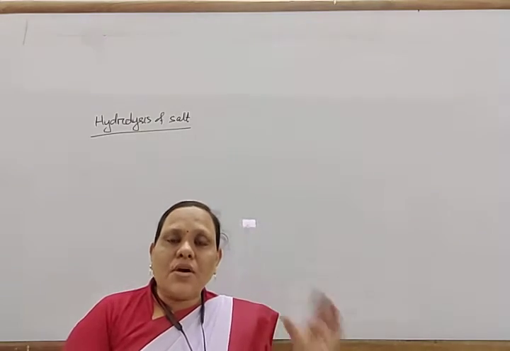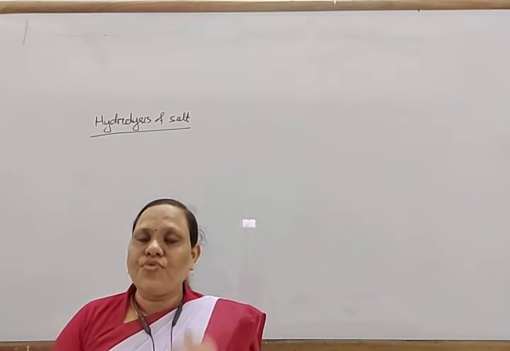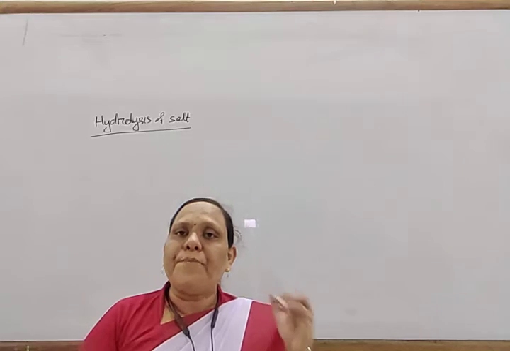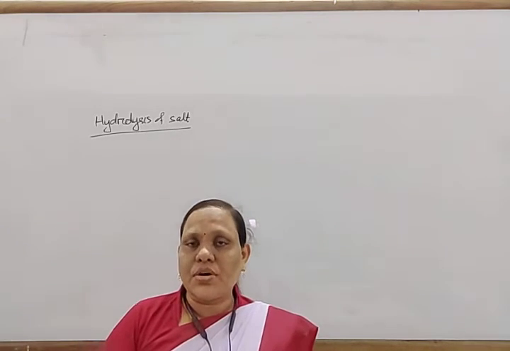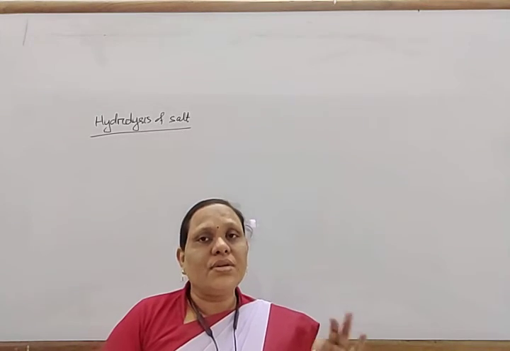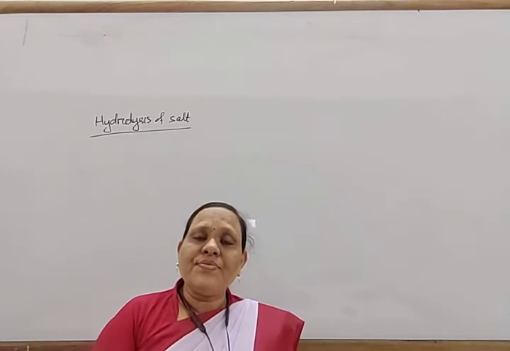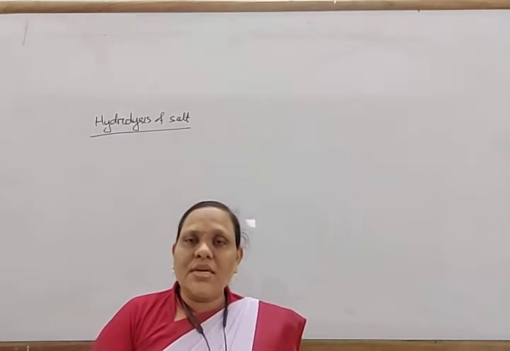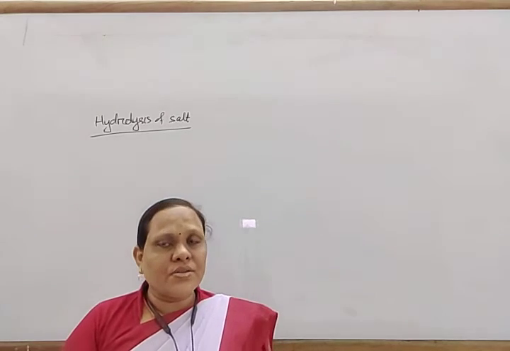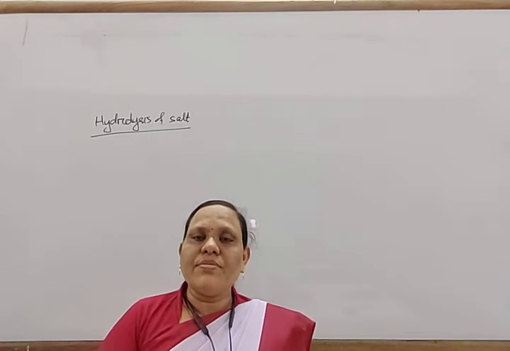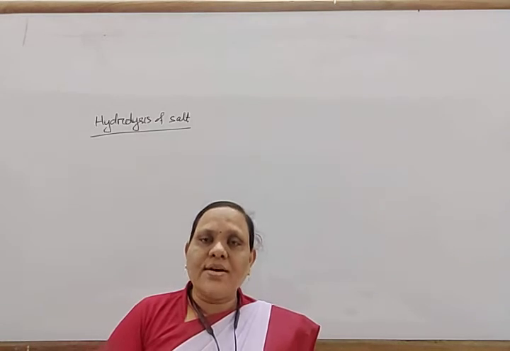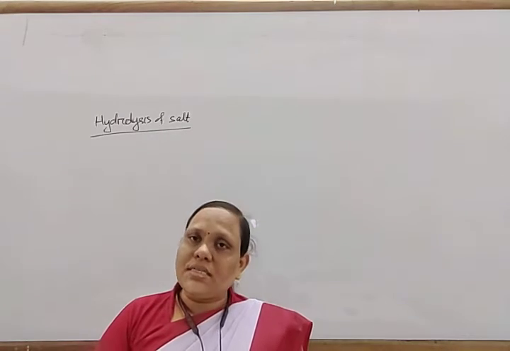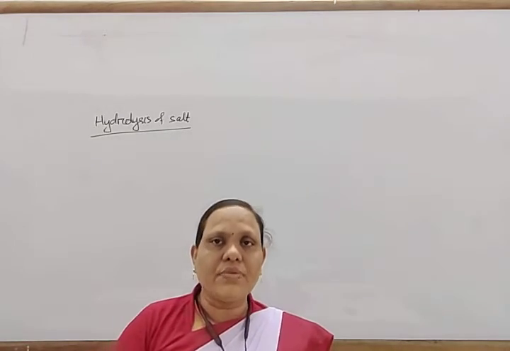That means when a salt reacts with water to form an acidic, basic or neutral solution, it is known as hydrolysis of salt. Or we can say, the cation or anion of the salt reacts with the oppositely charged ions of water to form an acidic, basic or neutral solution, which is known as hydrolysis of salt.